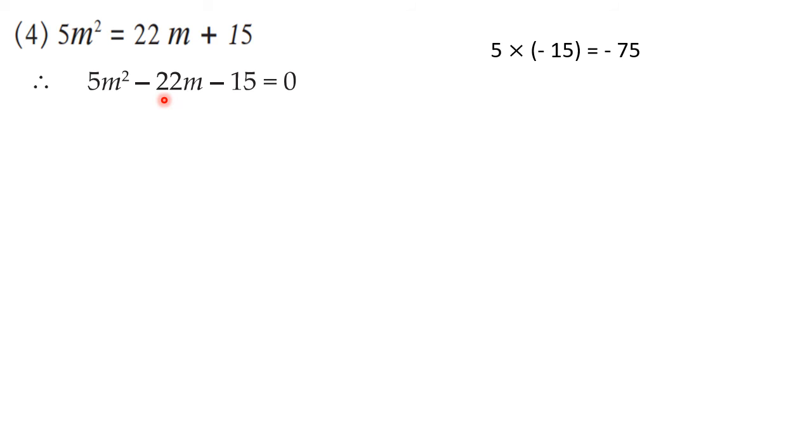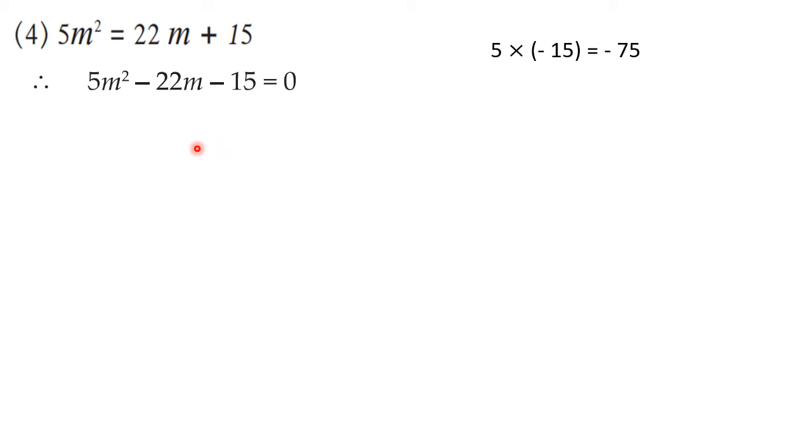That means one number is surely bigger than 22. So think of the numbers which are bigger than 22. So 23, it is not coming in the table of 75. 24 also, we cannot divide 75 by 24. So the next number is 25. We know that 25 threes are 75. That means here if we think of 25 and 3, so 25 minus 3 is 22. Okay, so we got the numbers 25 and 3.